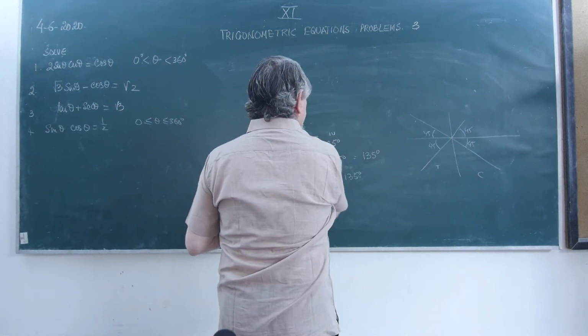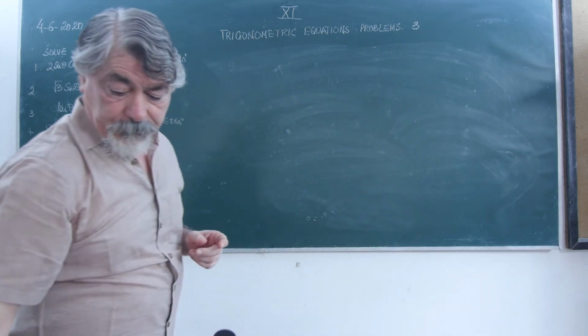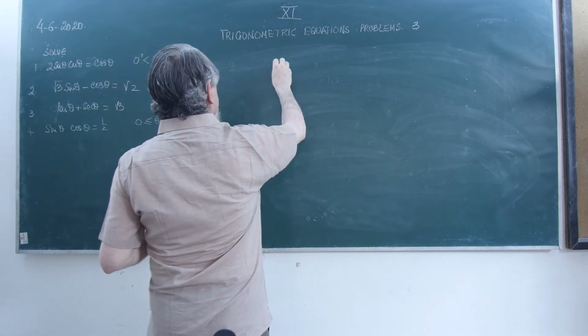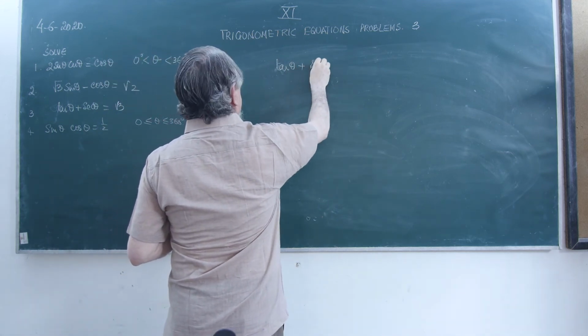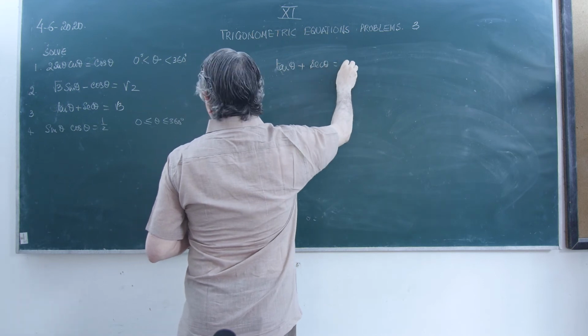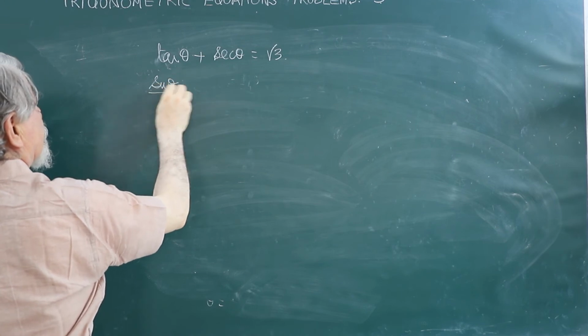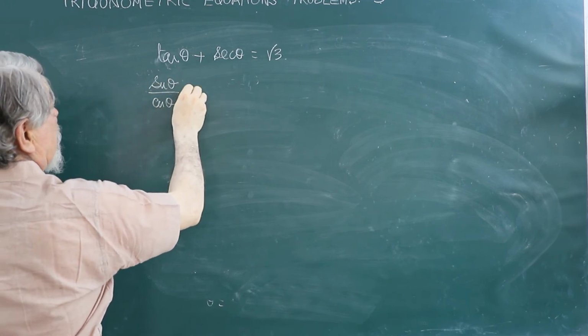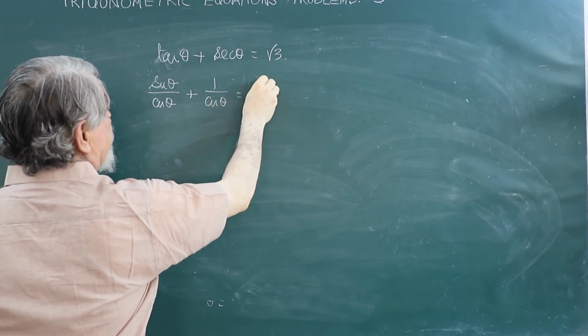Now in the third question, we made a mistake, so we are going to do it again. And what is the mistake? I'll tell you just now. It was tan theta plus sec theta is equal to root 3. So what we did was sine theta upon cos theta plus 1 upon cos theta is equal to root 3.